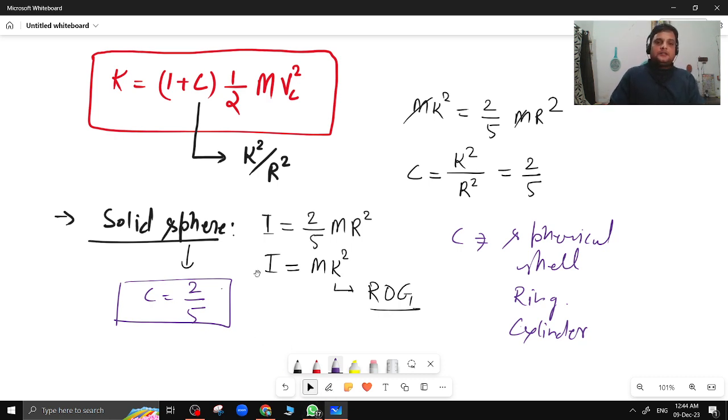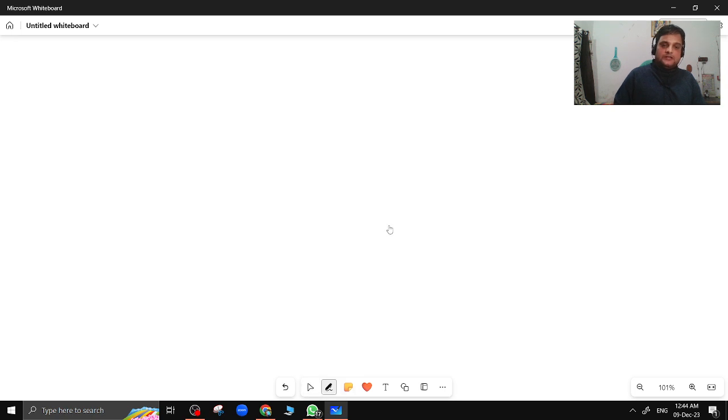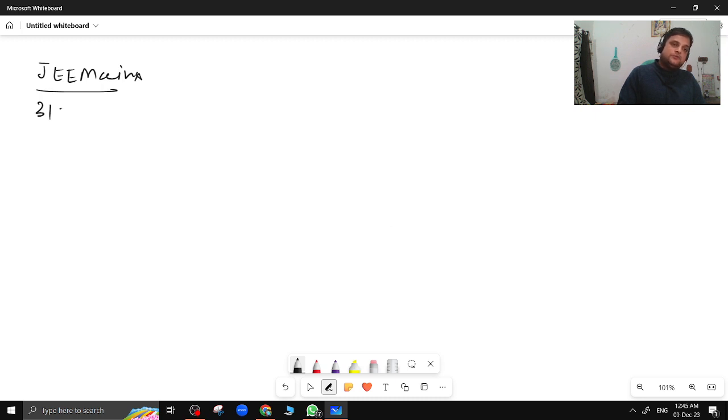After that, we are going to discuss a question based on this formula that was asked in the mains examination, on 31st January 2023, shift 1.